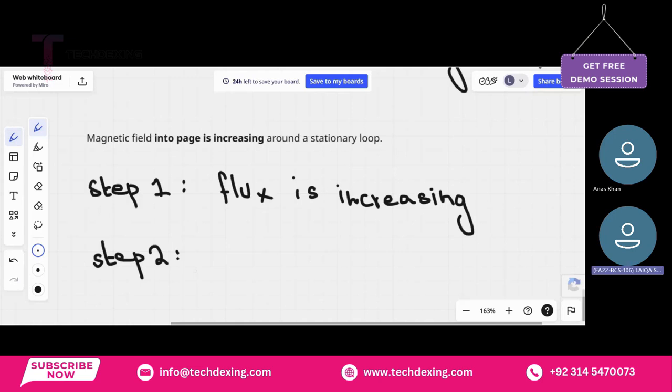Should it be into the page as well? If the current magnetic field is into the page and I add another magnetic field which is also pointing into the page, what would be the effect on the flux? Will it increase or decrease?